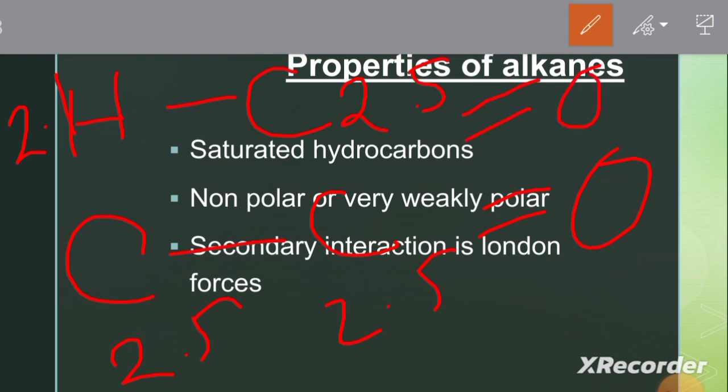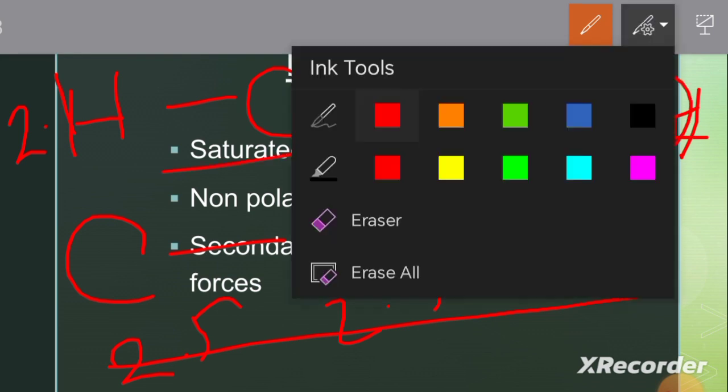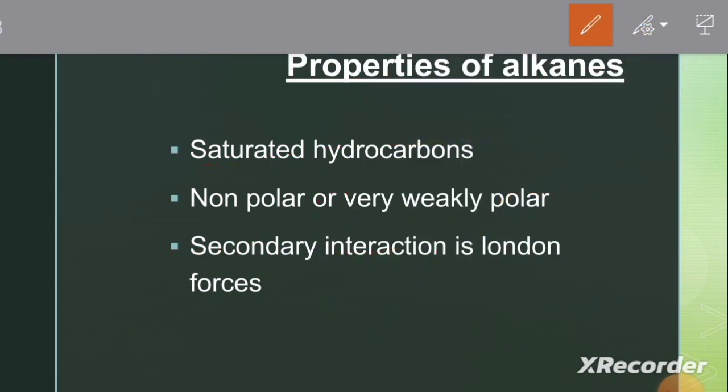In here it is 0.4. Right? So here you can see the polarity of this situation is non-polar, and in such a situation very weakly polar, right? There are situations where carbon binds to other atoms in alkanes also. In such situations also they are very weakly polar or non-polar, right?